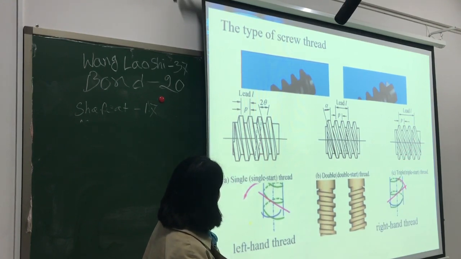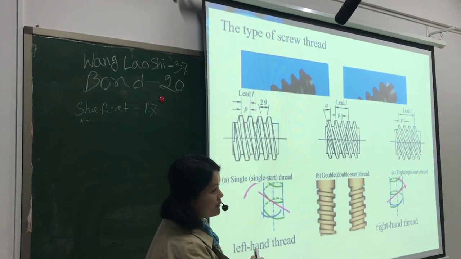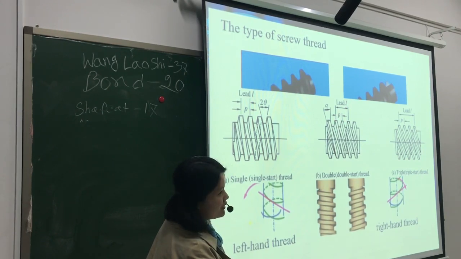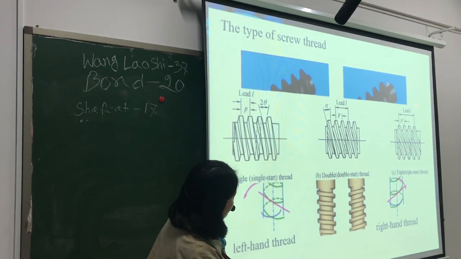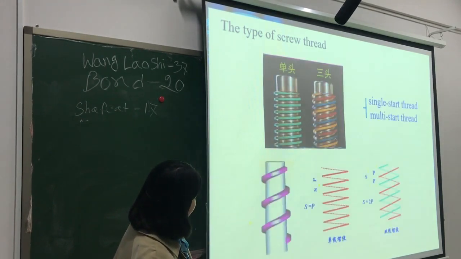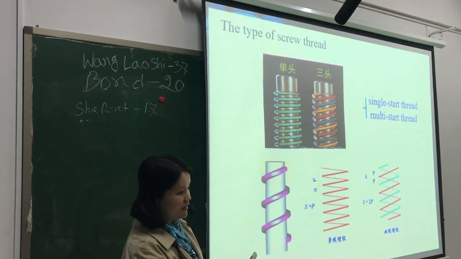For single start thread, the lead L equals P, and for double start thread, the lead L equals 2 times P, and for this condition, the lead L equals 3 times P. This is the single start thread, and this is the triple start thread.